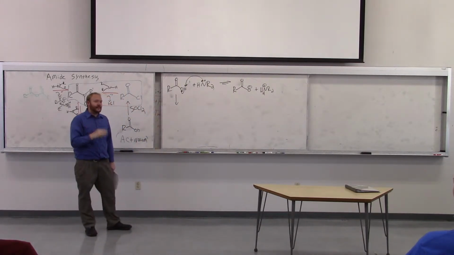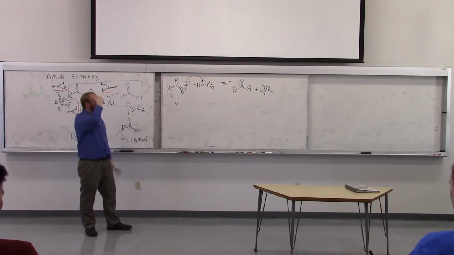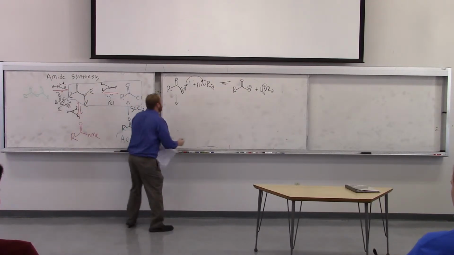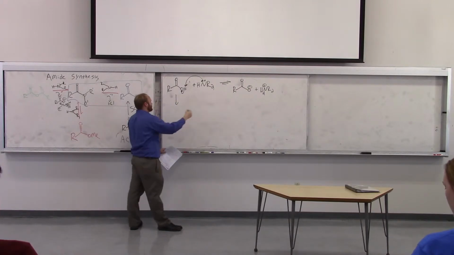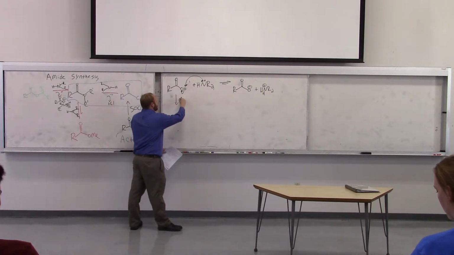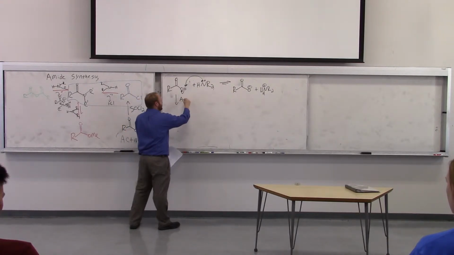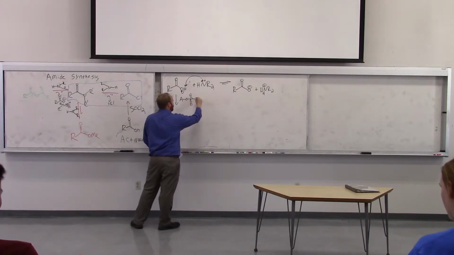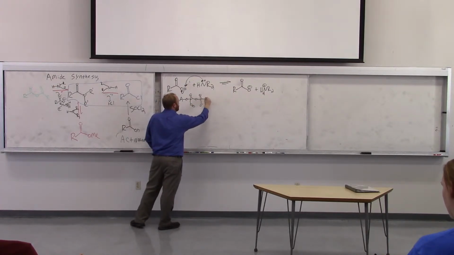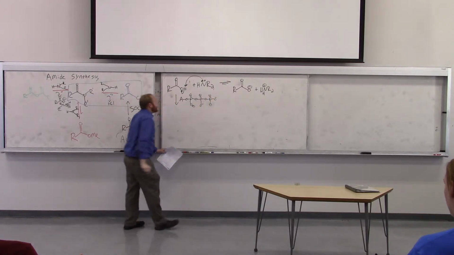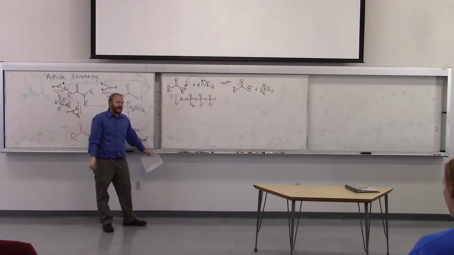Nature takes ATP and an enzyme, so A for adenine, but I'm going to draw the TP part out. So here's a triphosphate part of ATP.